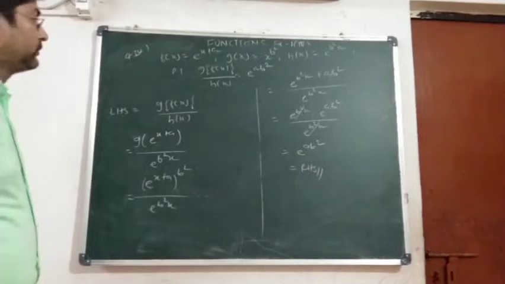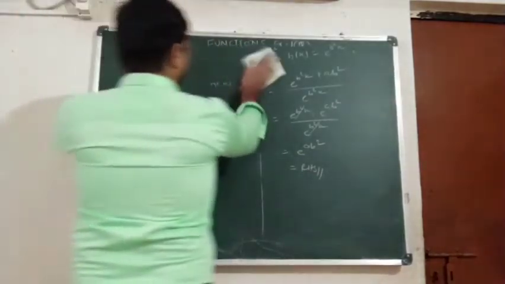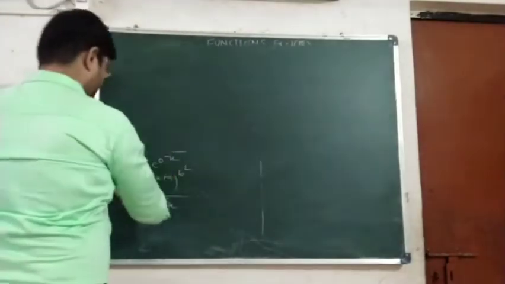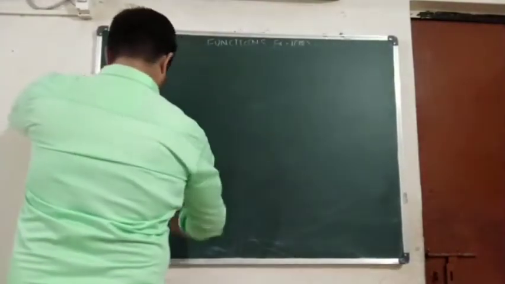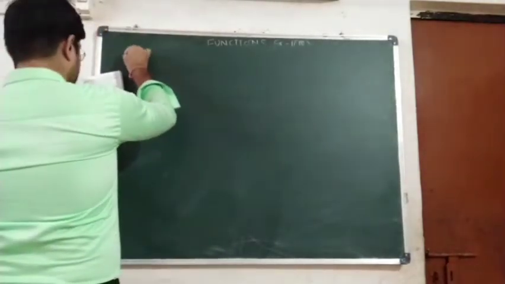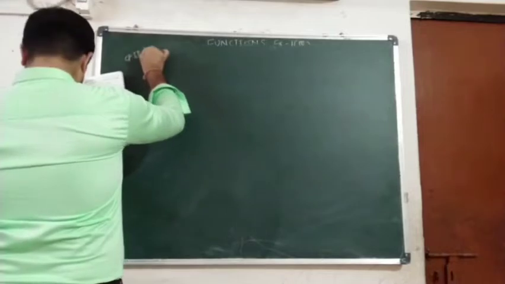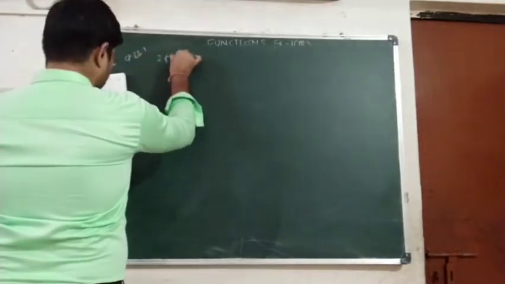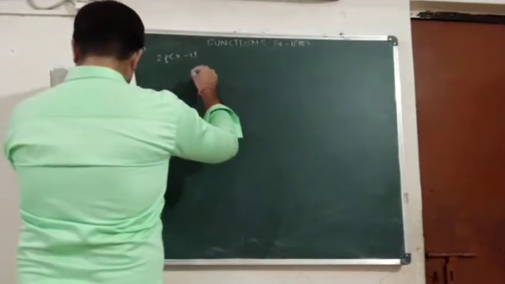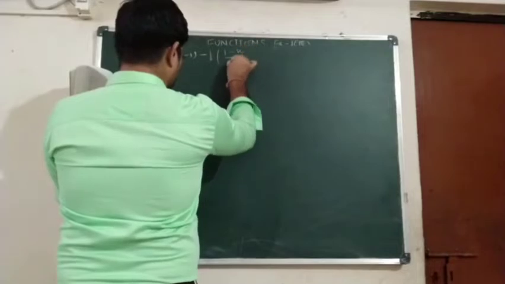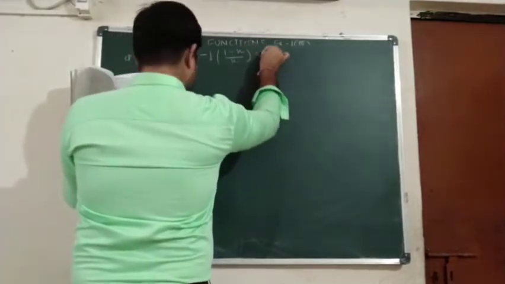Okay, now we will solve the next question. Question number 31, 32. 2 into f of x minus 1 minus f of (1 minus x) upon x is equal to x.